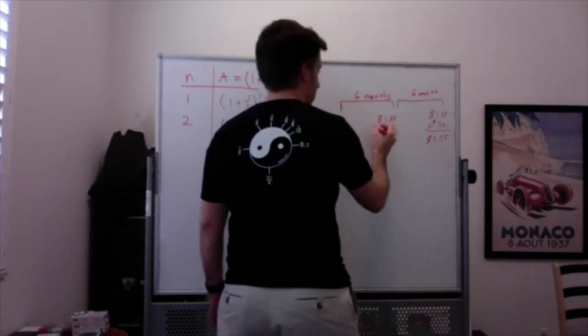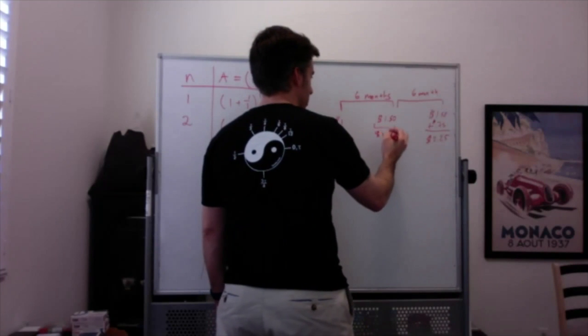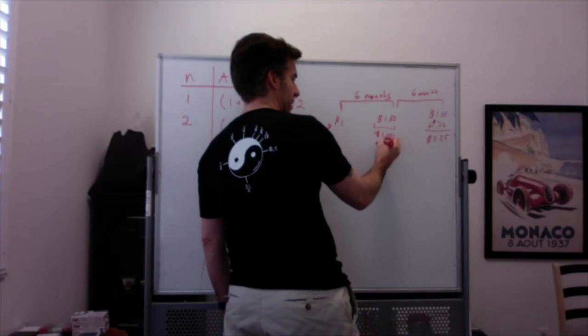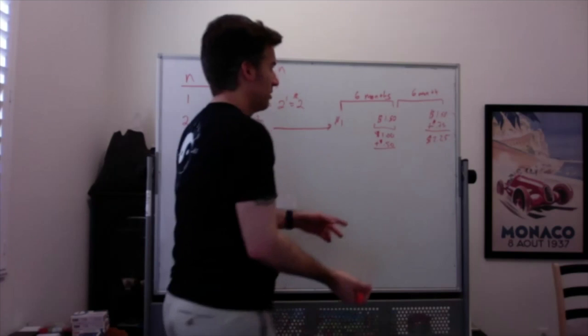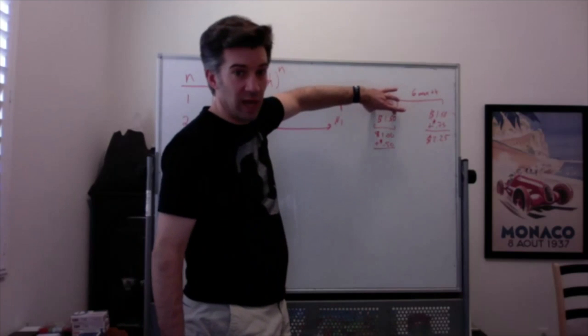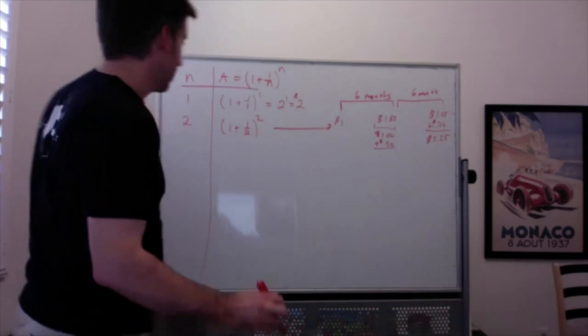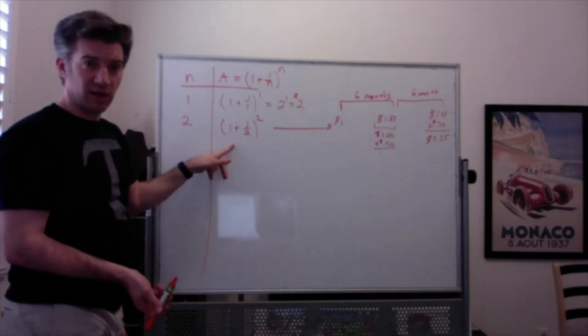Right here, it was $1 plus 50% of that $1, which is 50 cents. Here, it's the $1.50 you now have, or I have, I guess, plus 50% of that. And that's exactly what you get by doing this calculation, right?